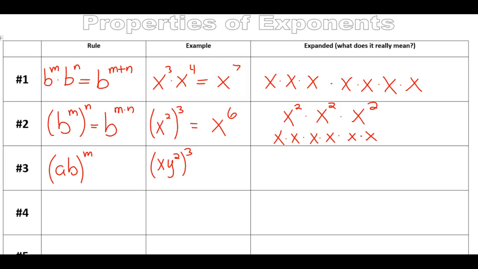Now, once again, back to step 2, what does it mean for anything to be cubed? Multiplied by itself 3 times. So what that means to do is xy squared times xy squared times xy squared.